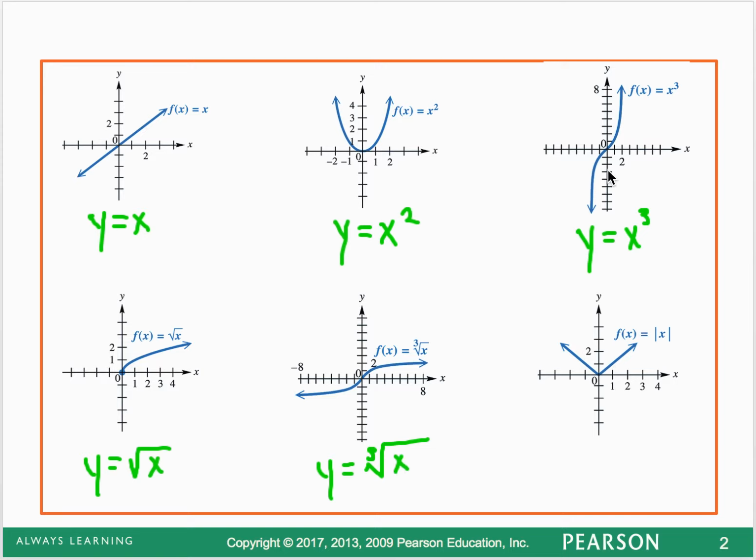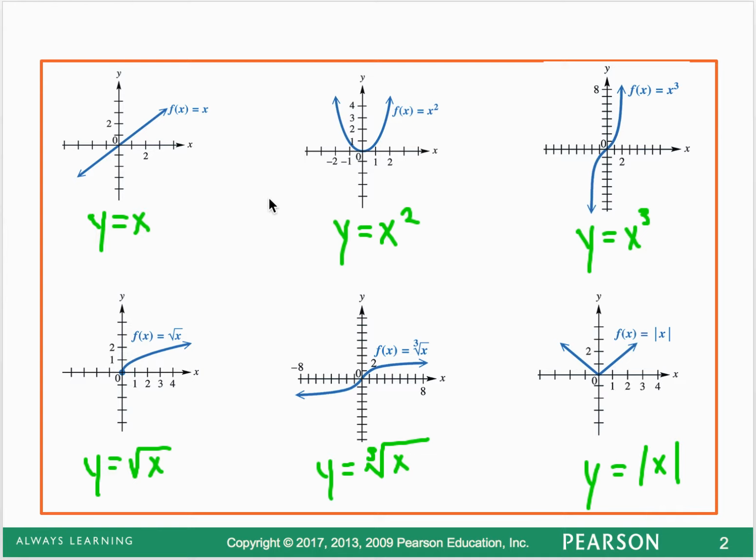Notice it's this graph laid over on its side, right? So x cubed, cube root of x. This one's the absolute value of x. This graph and this graph are related. Notice if we turn this graph over on its side, here's half of it.